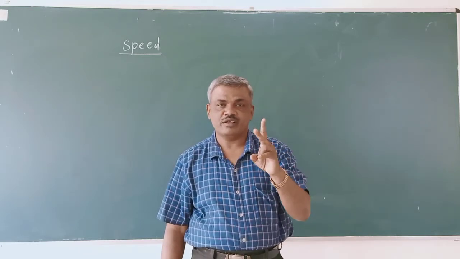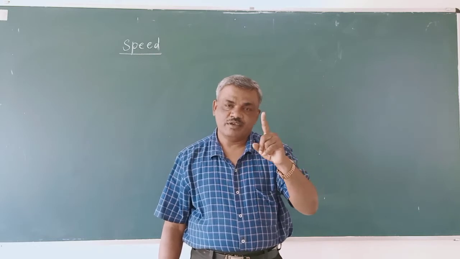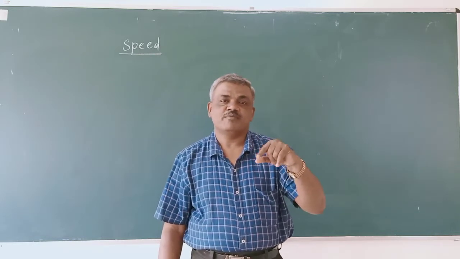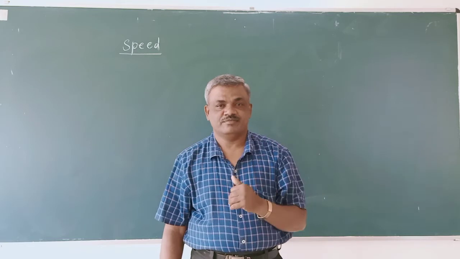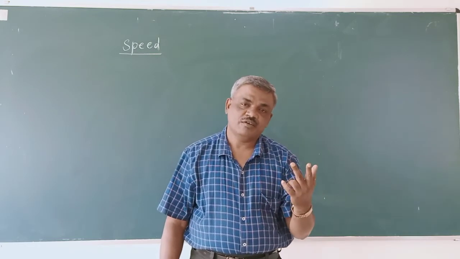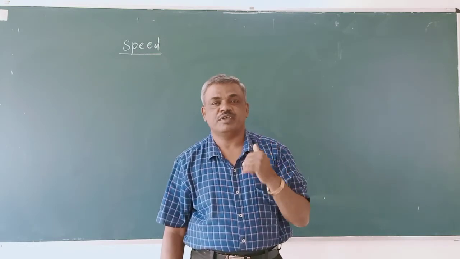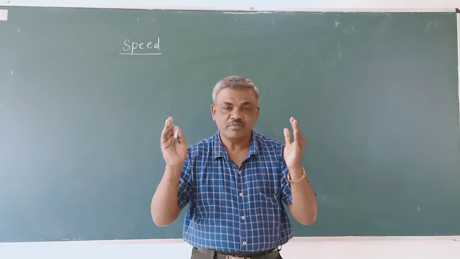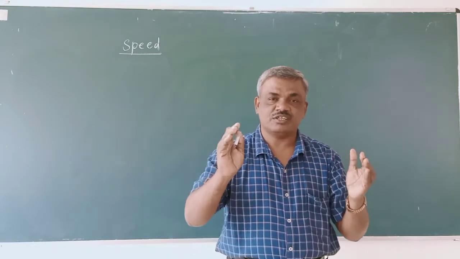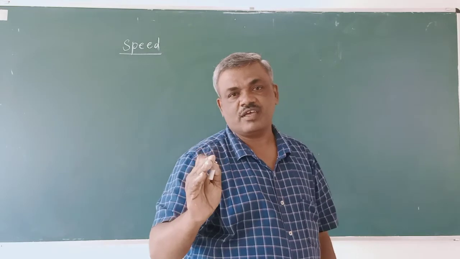One vehicle maintains a speed of maybe 70 kilometers per hour, the second vehicle maintains 60 kilometers per hour.